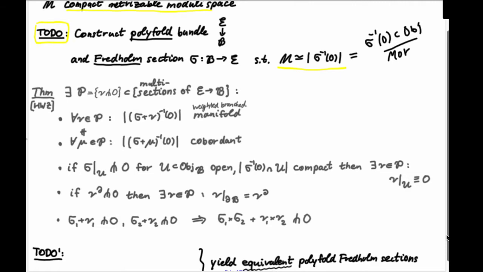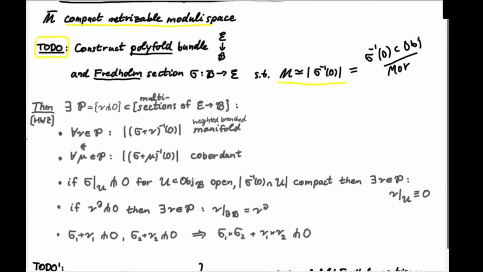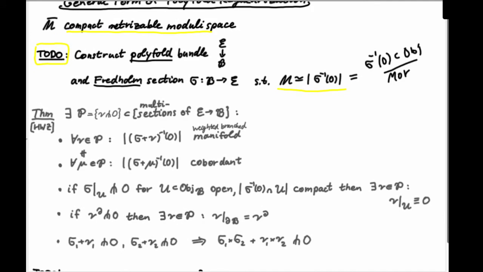So, actually, this is sort of funny. You could number these HWZ 1, 2, 3, up to 10 or 11. In my days, HWZ 1, 2, 3 was about holomorphic curve foliations in non-compact manifolds.